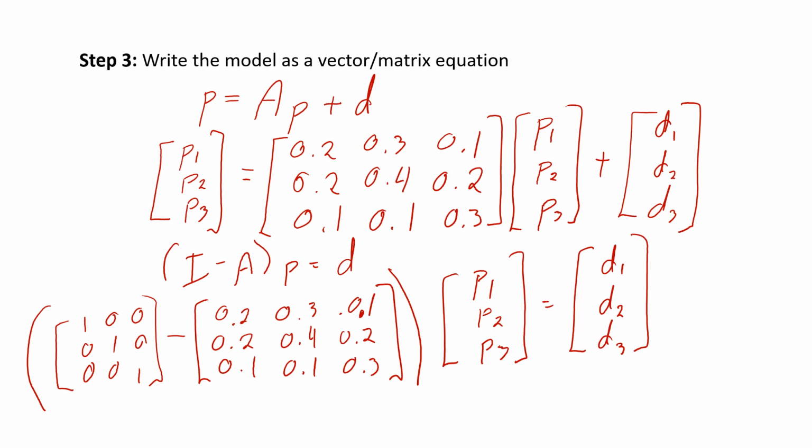So now let's take this and solve it out. Take the first part, the identity matrix minus our consumption matrix.